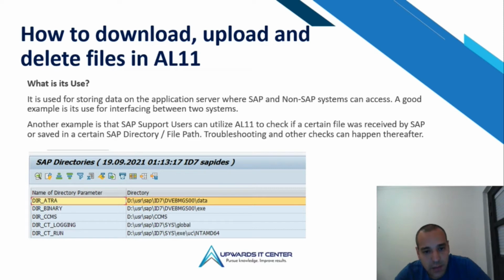Also, you can save the data from a transaction extraction in this folder. Maybe an external system or interface can retrieve this data and upload it in these external systems.